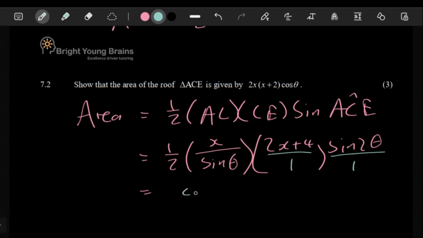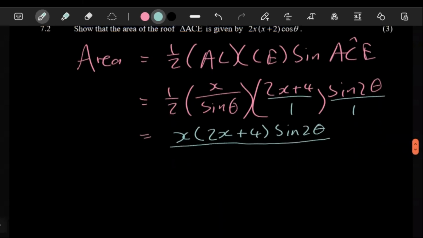So it's going to be x there multiplied by the 2x here plus the 4. And then sine 2 theta here. And then there's 2 here, sine theta. And then times 1 times 1.